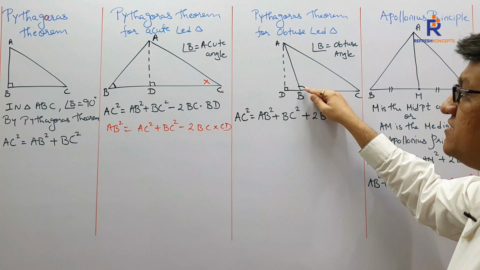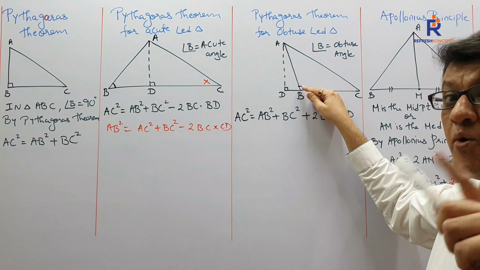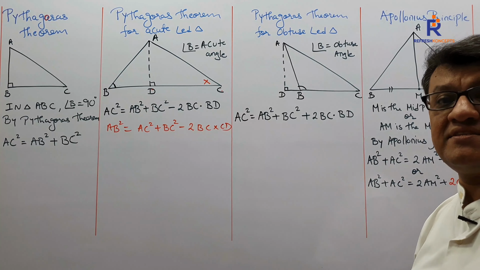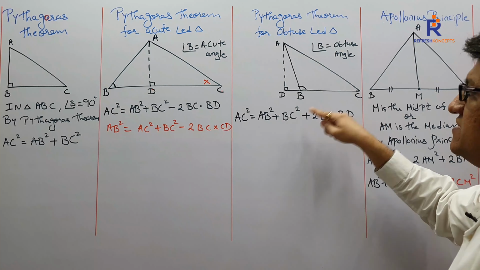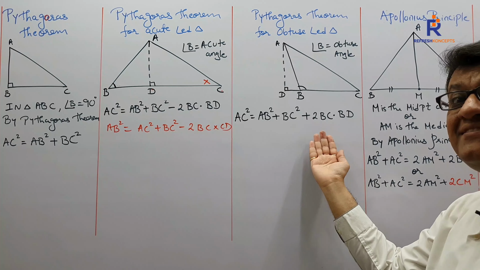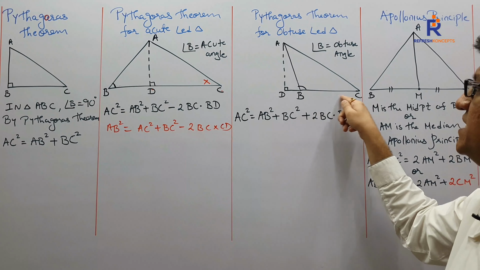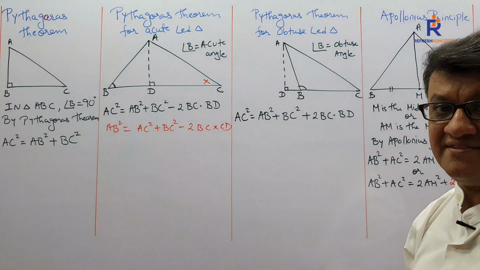So what did sir say? If angle B is an obtuse angle, then the square of the side opposite to the angle, who is that? AC, AC square, is equal to the sum of the squares of the sides from which the angle is made, AB and BC. So AB square plus BC square. Since it is obtuse, so plus. Acute minus, obtuse plus, twice base is BC. Base is not BD, mind you. Base is BC because our triangle is ABC.